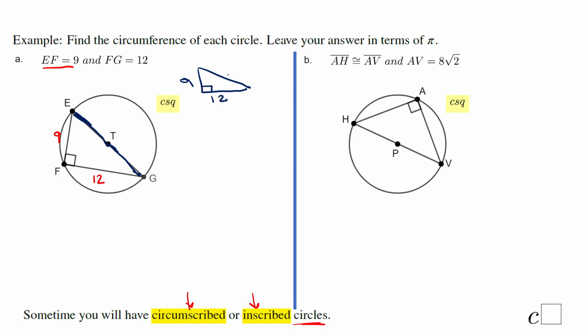Can we find this? I'm going to call it X to make things easier. And we can use the Pythagorean theorem, a squared plus b squared equals c squared. So we're going to have 9 squared plus 12 squared equals x squared. So I use the Pythagorean theorem, like I said. 9 squared is 81.